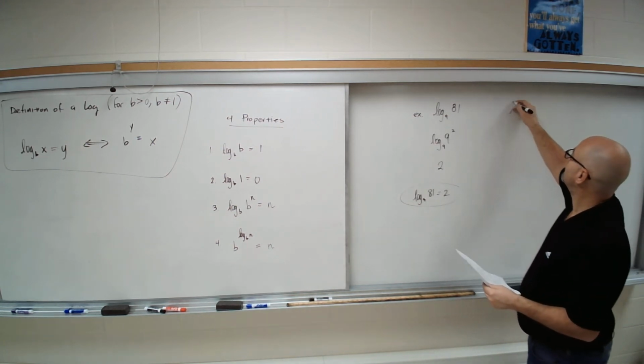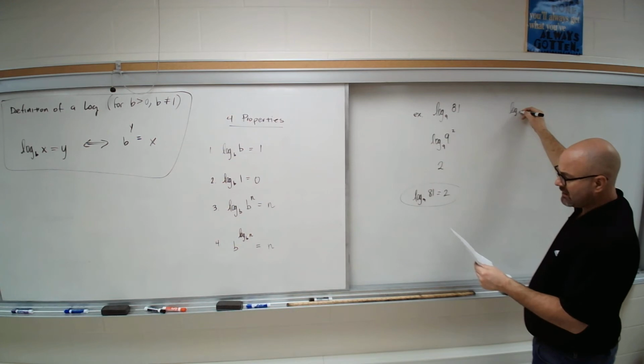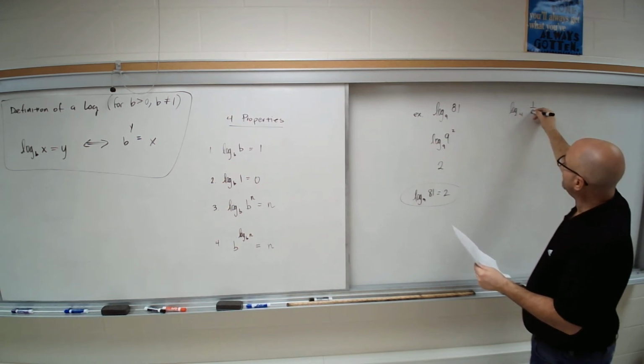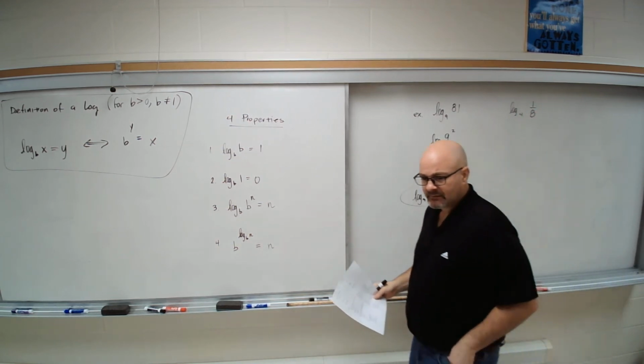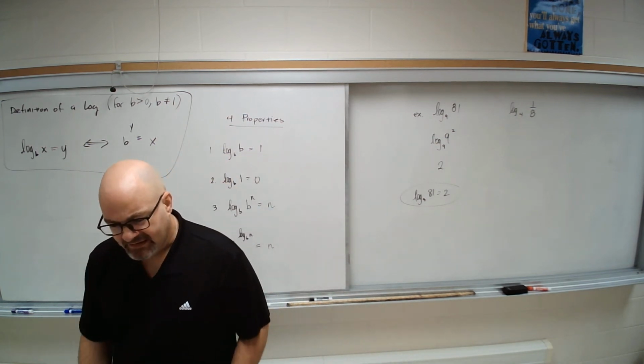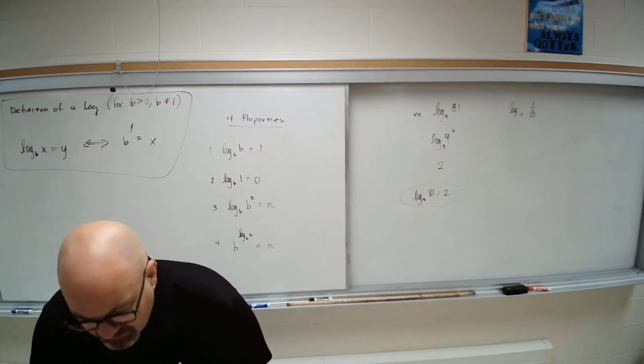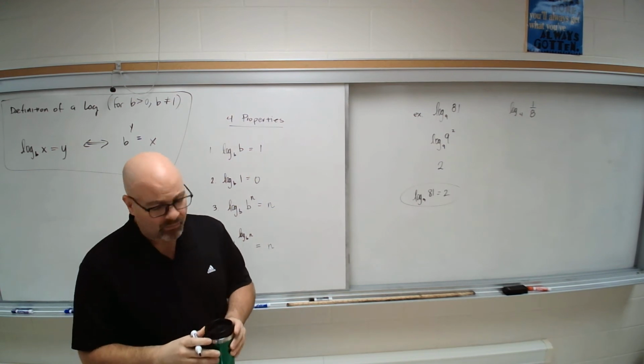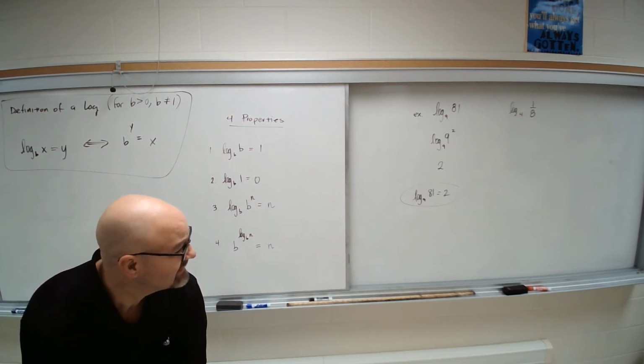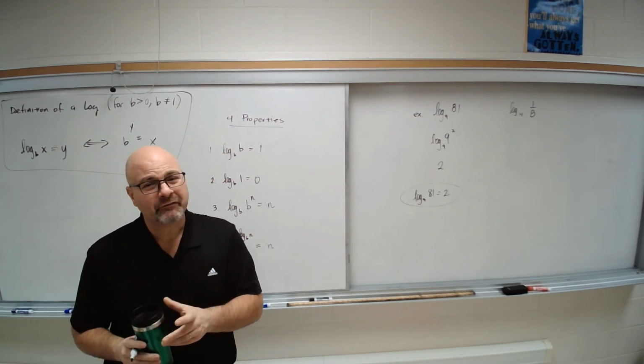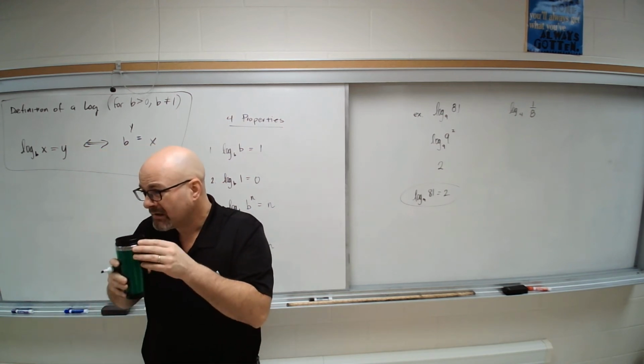I like this. We have this log base 4 of 1/8. Now with this one, for this log base 4 of 1/8, we want to realize that when you're doing this, we know that 4 and 8 are both powers of 2, don't we?